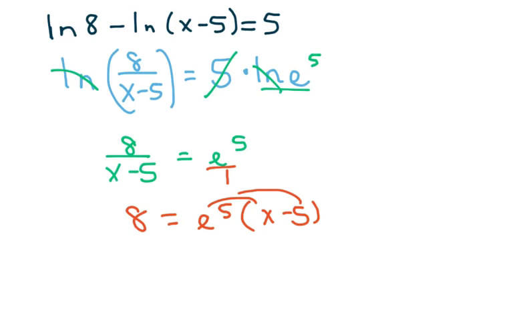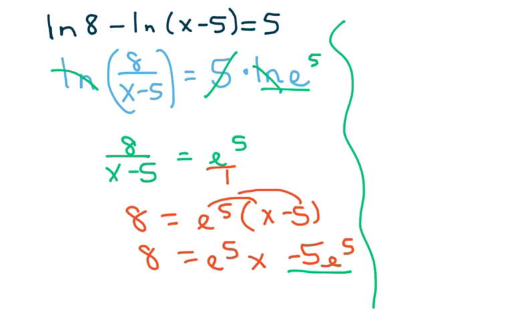Distribute here. And then solve for x. So I want to isolate x. I'm going to move him over. So I'm going to get 8 plus 5 e to the 5th equals e to the 5th times x. So I'm going to divide both sides by e to the 5th, my constant.